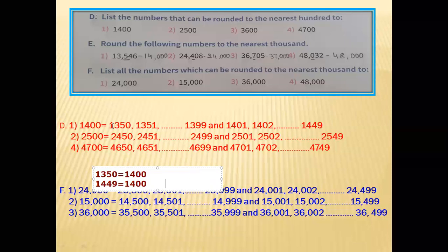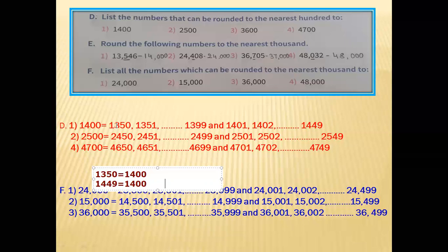So you have to write like this: 1350, 1351, and then put dashes up to 1399. Up to 1399 equals 1400, and after that 1401 to 1449 equals 1400. Like this you have to write.